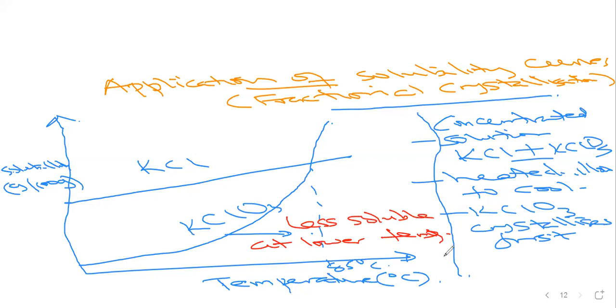So the first yield contains more of potassium chlorate than potassium chloride. As we are cooling, the first yield contains mainly potassium chlorate crystals, and a smaller amount of potassium chloride.